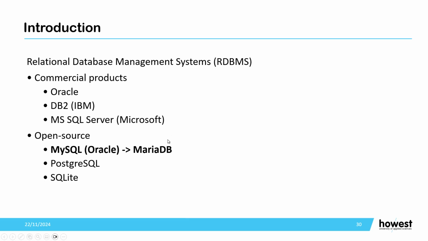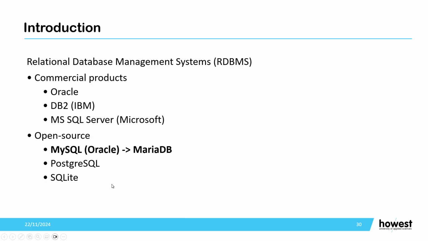Since we, as bioinformaticians, like open source, we will support MariaDB. And basically, they are almost interchangeable. Some small things here and there that are not entirely, but in 99% of cases, we can just swap them.